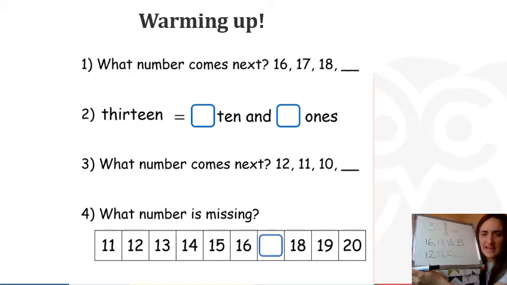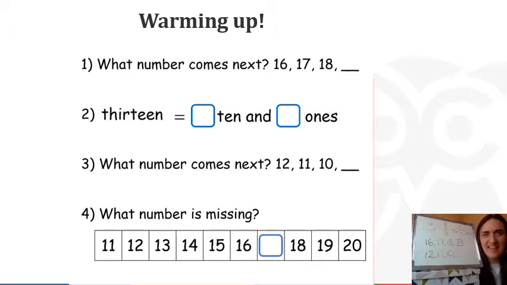Now, how many do I count on from 1 ten to get 13? In ones. So I've got 10. I'm going to draw my little ones now. 1. So that's 11. 12. 13. How many ones have I got? 3. 1, 2, 3. So 13 is the same as 1 ten and 3 ones.